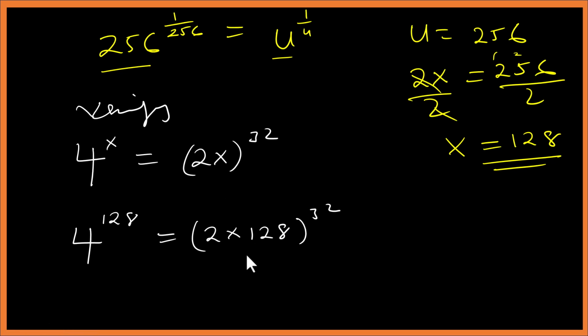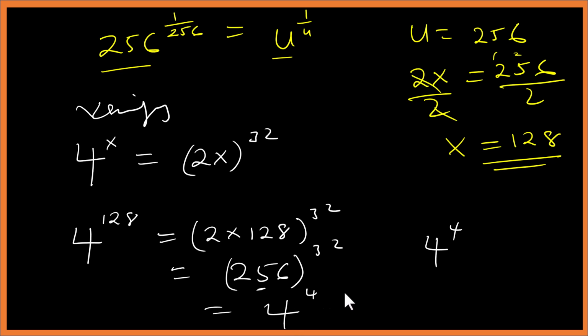Now we can write 256 raised to 32 as, since 256 is the same as 4 to the power 4, this side will be 4 to the power 4 all raised to 32, and we still have 4 raised to 128 on the other side.